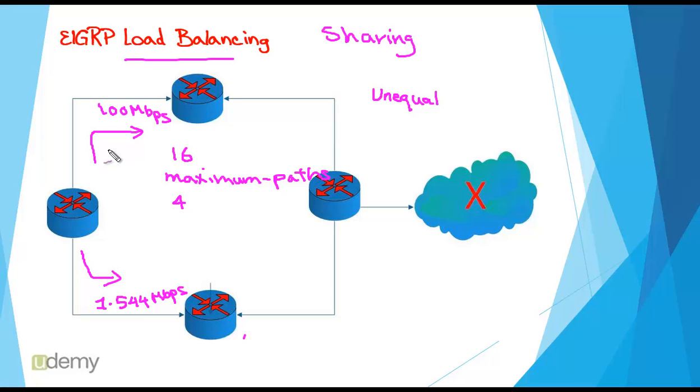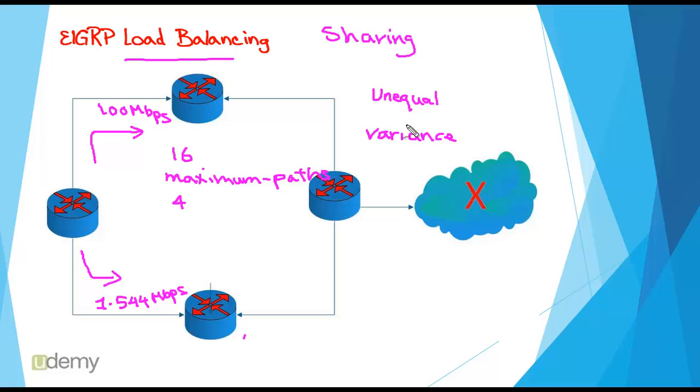Don't worry about EIGRP. EIGRP is the best. In these situations where you have unequal cost redundant paths, EIGRP balances the traffic based on the metrics, and better metrics take more traffic, and the traffic is not balanced 50-50 or any equal sharing.